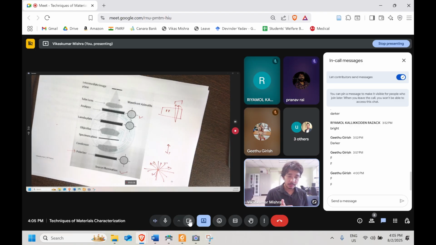If the refractive index differs more, they will show the information. Sorry, thickness will also be there.